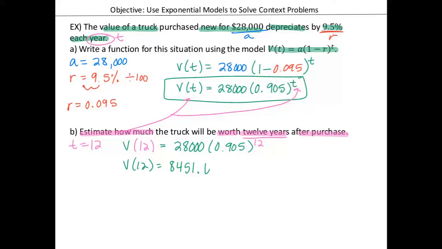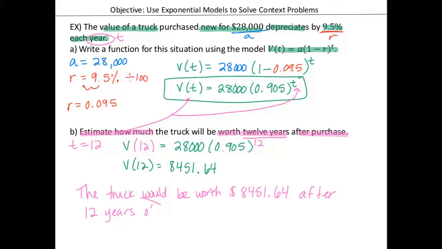But it has a 9, so 64 cents. Okay, good. So $8,451.64. So for my sentence, we can say the truck would be worth $8,451.64 after 12 years of purchase.